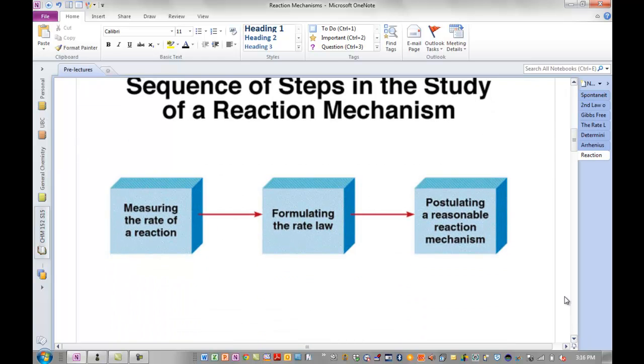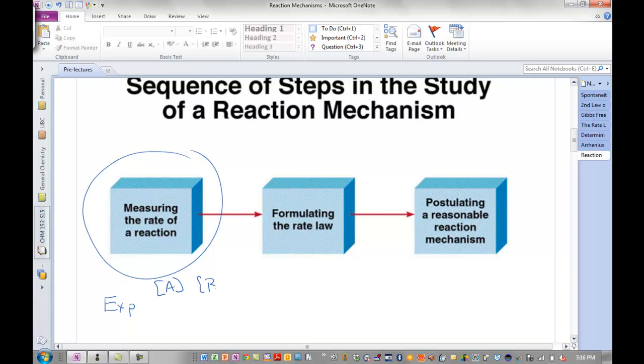So just to let you know, we've done quite a bit of this already. Now we're not in the laboratory, but if we were in the laboratory, we would measure the rate of a reaction. What we've done in class is we say, okay, experiment 1, we have concentration of A, say concentration of B, and then we measure the rate.